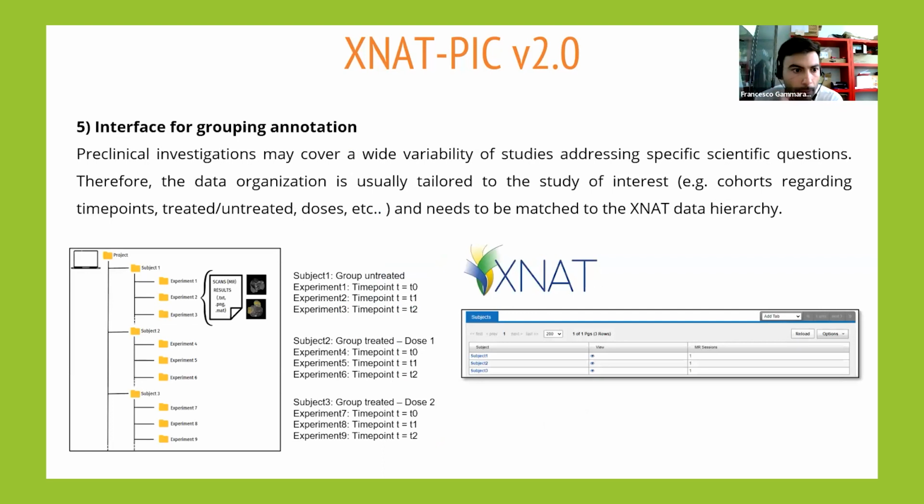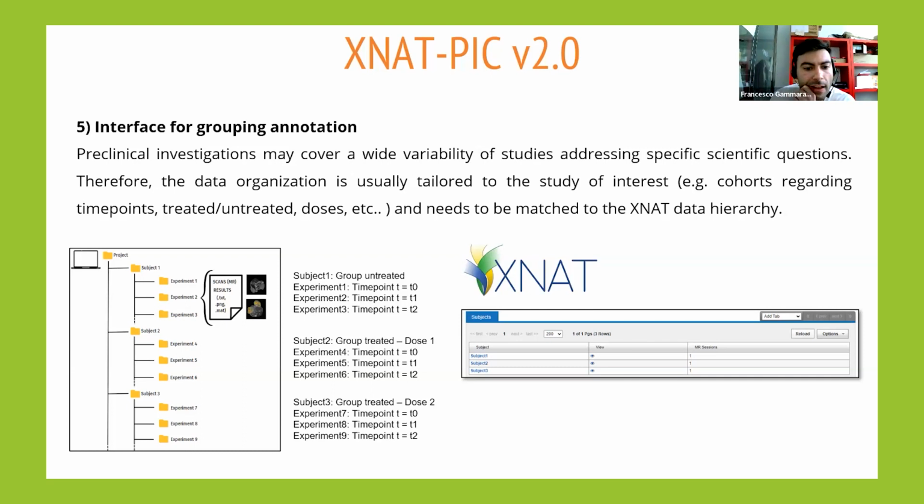So preclinical studies address specific scientific questions. So we can have different groups because we want to monitor the effect of the therapy, and we want to compare the different groups.